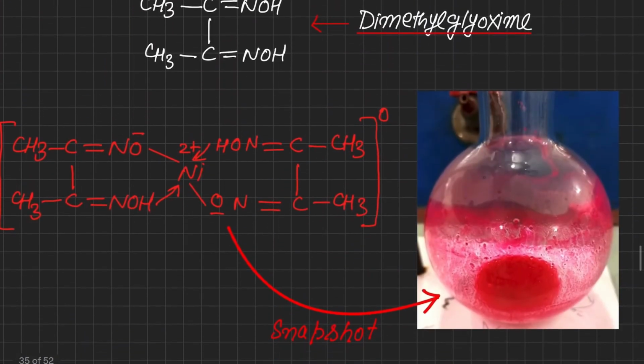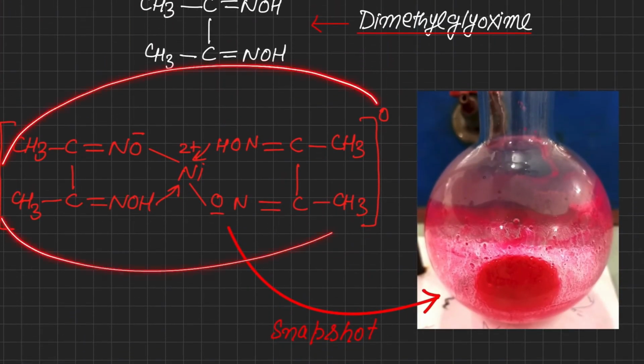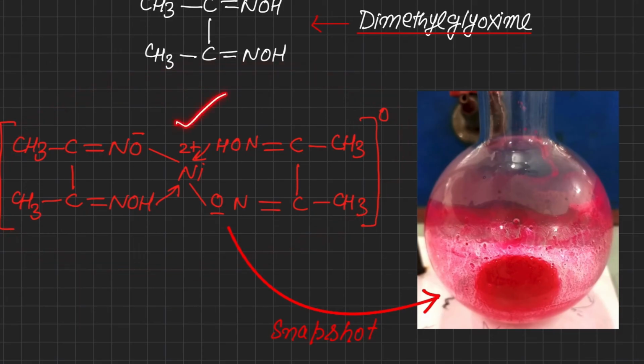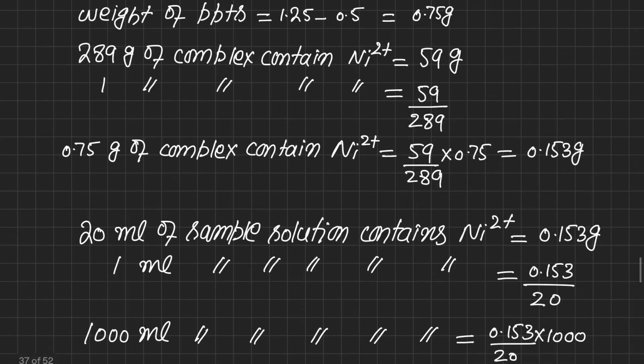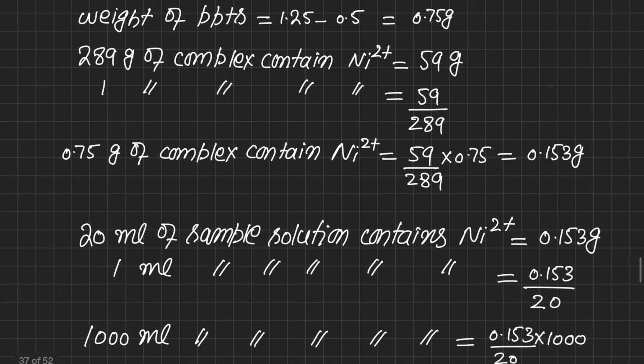If we see the structure of this DMG complex overall, the molecular weight of the complex is 289, whereas the atomic weight of nickel is about 59 gram. So we develop a formula: 289 gram of complex contains nickel 59 gram.